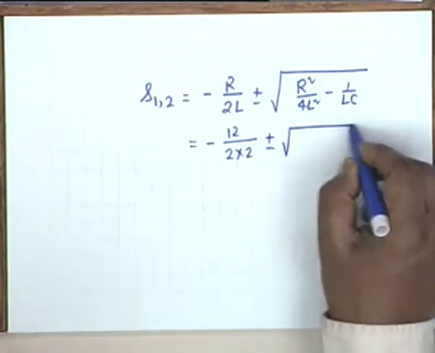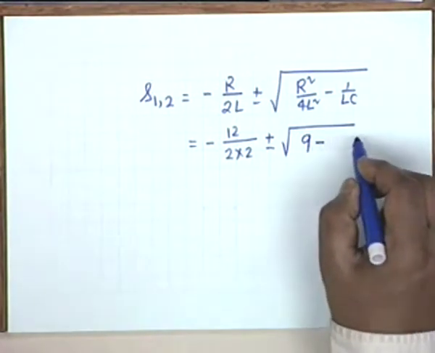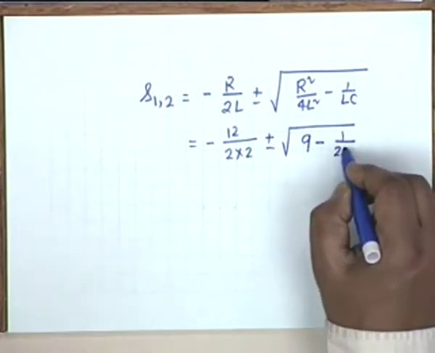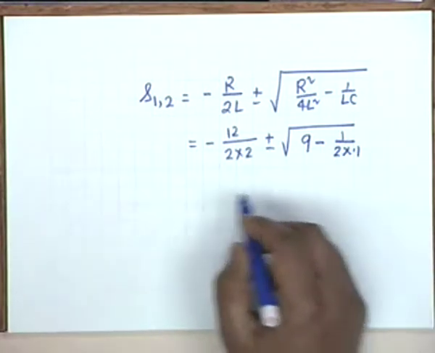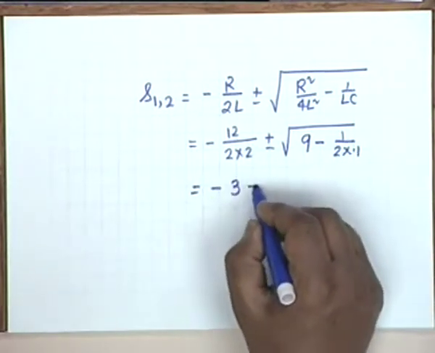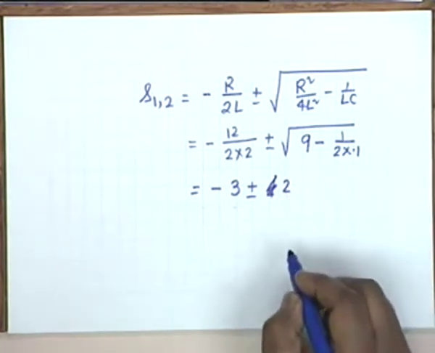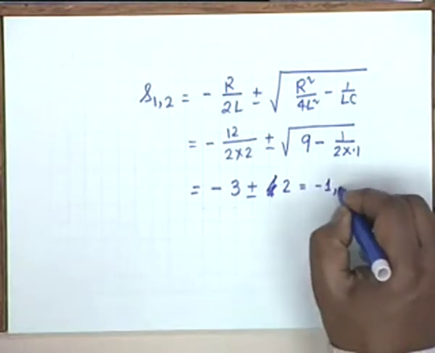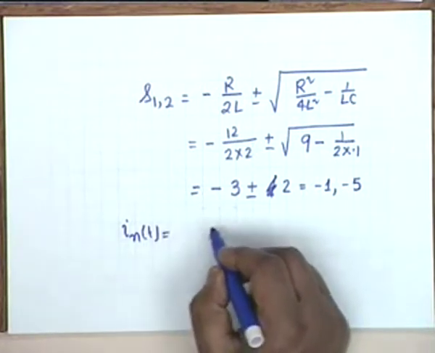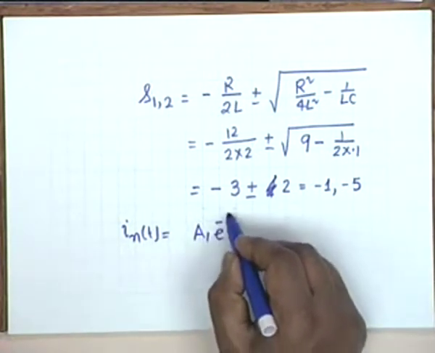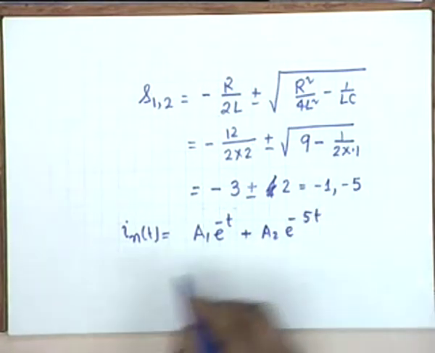So plus minus square root of 9 minus 1 over 2 times 0.1, that would be 5, and therefore this is minus 3 plus minus square root of 4, which is 2, and therefore the roots are minus 1 and minus 5, which means that In of t shall be equal to a1 e to the minus t plus a2 e to the minus 5t.